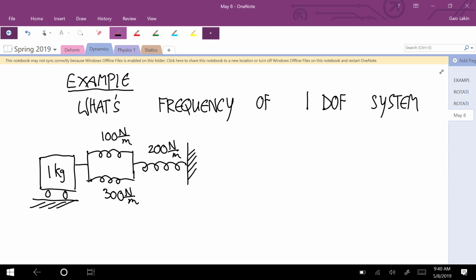Well, you can just one by one treat the parallel springs as a single spring, and now you have 2 springs in series. Treat those as a single spring, and then just calculate the frequency the same way you would if it was a 1 spring system.